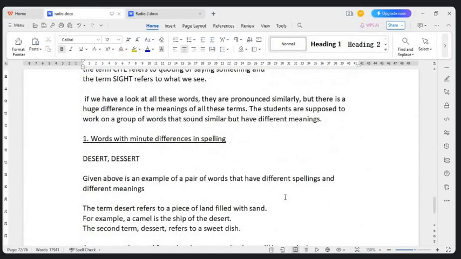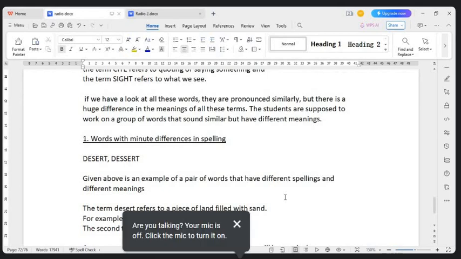Now, words with minute differences in spelling: desert and dessert. Above is an example of a pair of words that have different spellings and different meanings. The term DESERT refers to a piece of land which is filled with sand. Example: the camel is the ship of the desert.